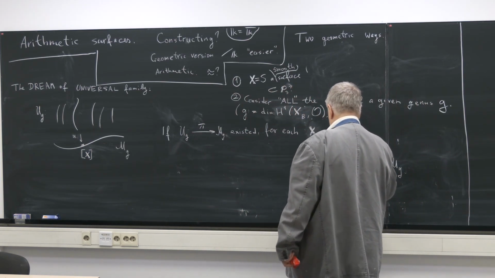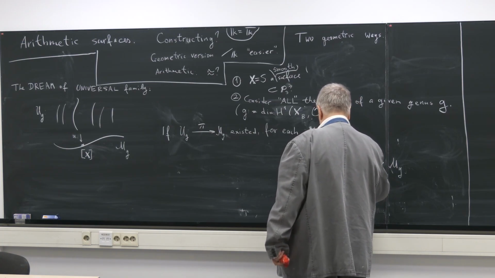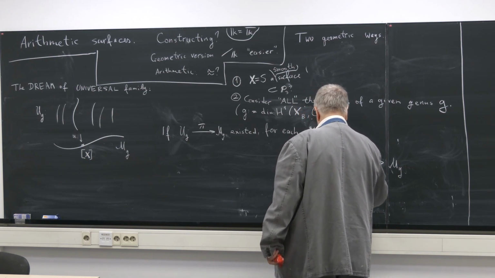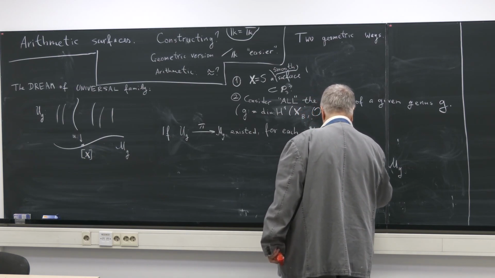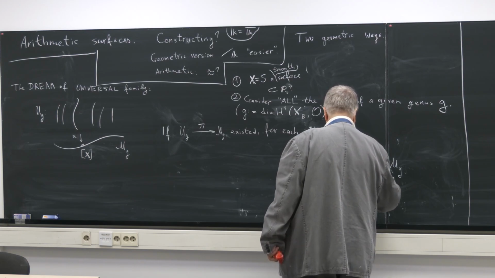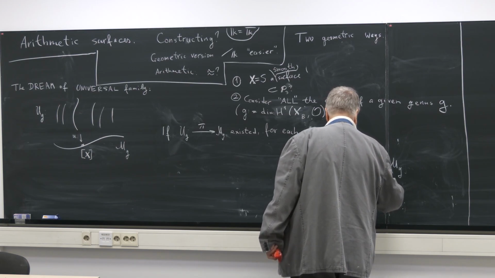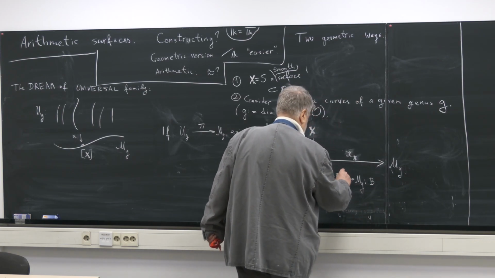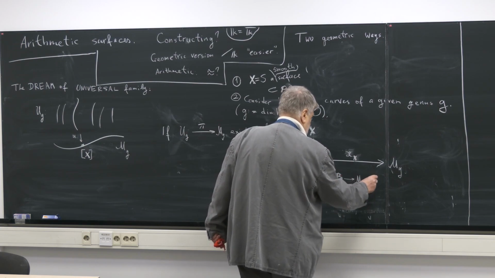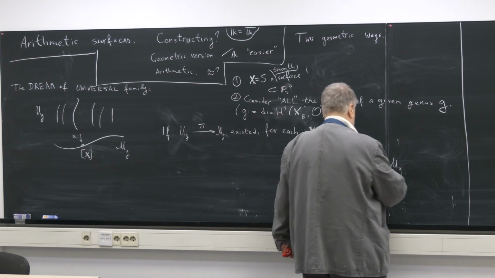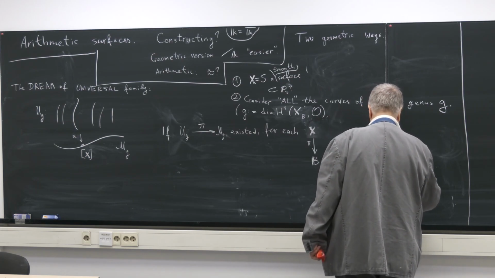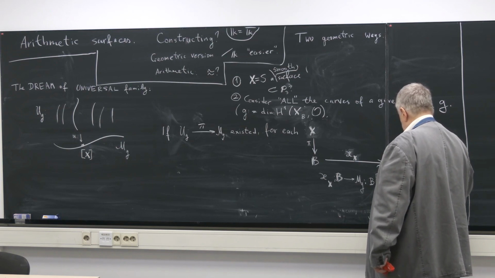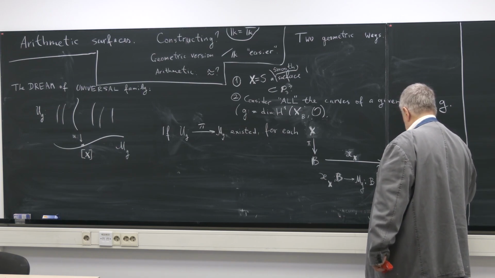So kappa_X maps B to the moduli space, sending every point b of B to the isomorphism class of the fiber X_b.